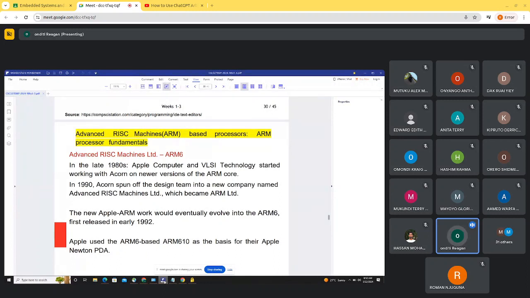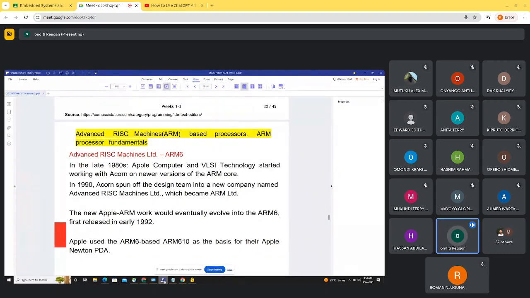So in the 90s, Acorn spun off the design team into a new company. This is where the name ARM came up, and it was called ARM Limited. The new Apple ARM work would eventually evolve into what we call the ARM6, which was first released in 1992.